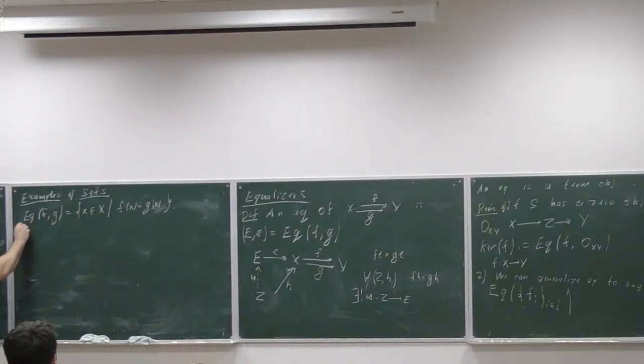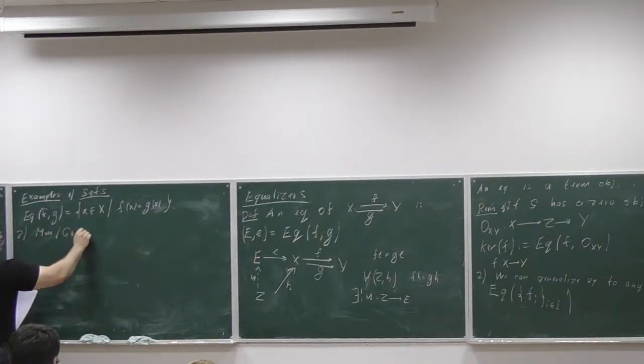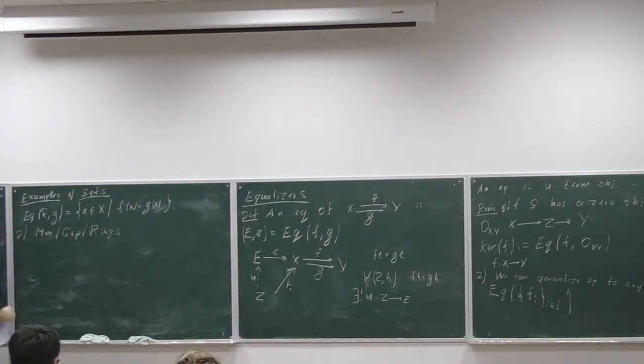Now, for algebraic categories like monoids, groups, rings, everything works fine, right? Because when you look at this condition, you need to check, for example, that this is closed under taking products. Definitely it is. This is closed under taking sums. Again, it is.